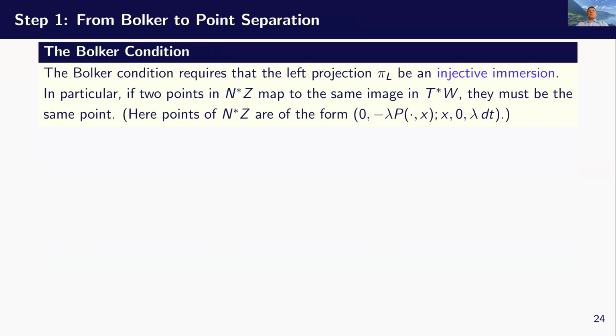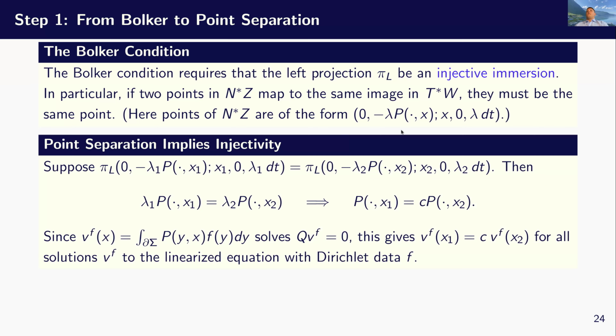Okay, here is a reminder what was the Bourget condition. It's an injective immersion. So especially this pi L needs to be injective. So if we take 2 points from the image of these elements of the conormal bundle, the left projection just took this 0 and this minus lambda p at x. So we have 2 elements: lambda 1, x1 in the first one, and lambda 2, x2 in the second one.